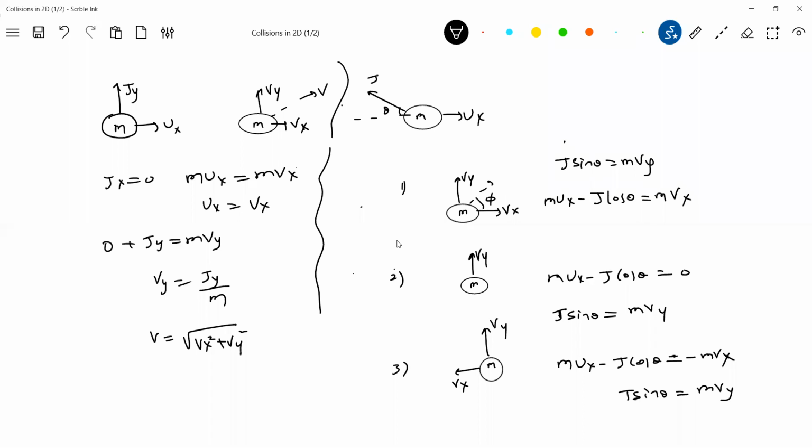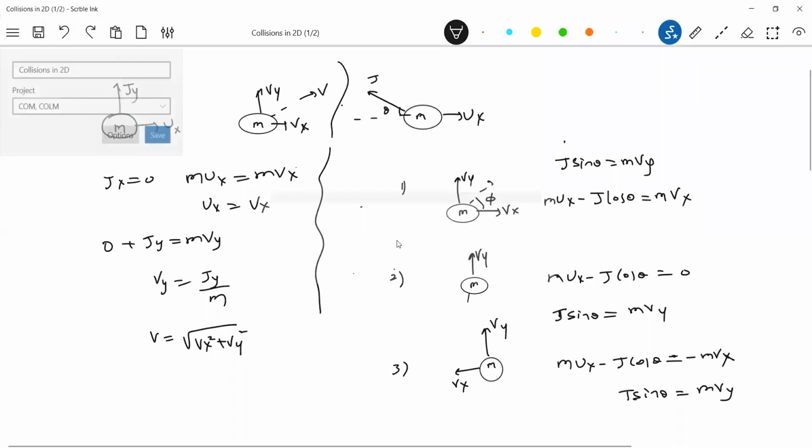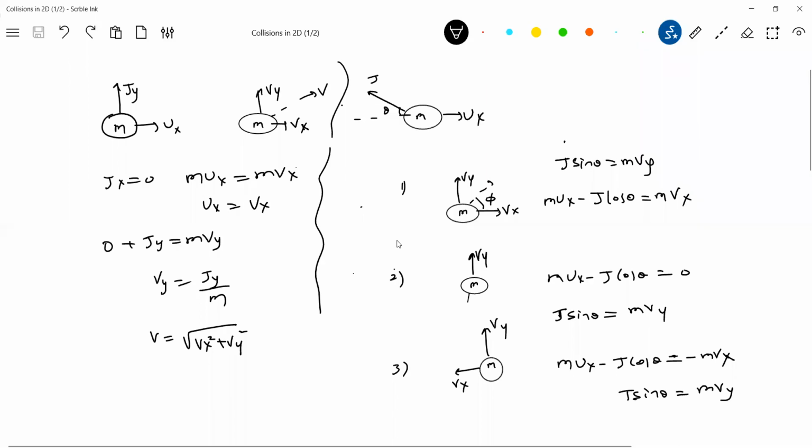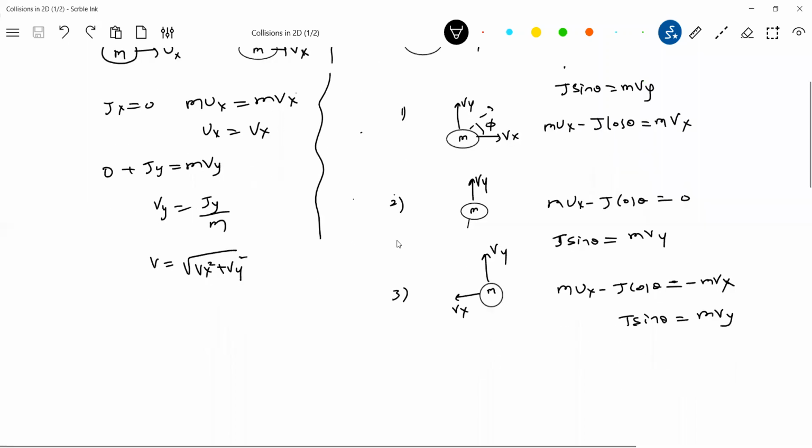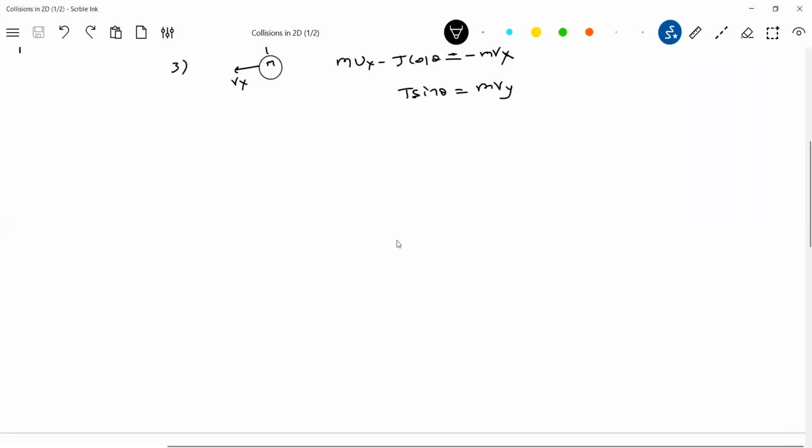In a numerical problem, we should assume any one situation, proceed, cross-check, and then conclude. It all depends upon the values of J and theta. This was one of the examples. Even if the impulse acts, let me take the next situation.